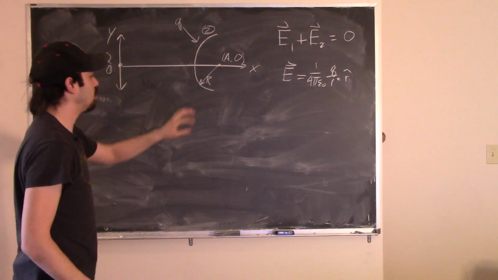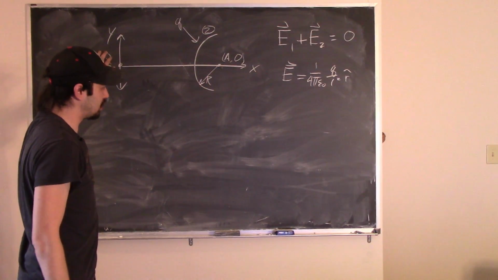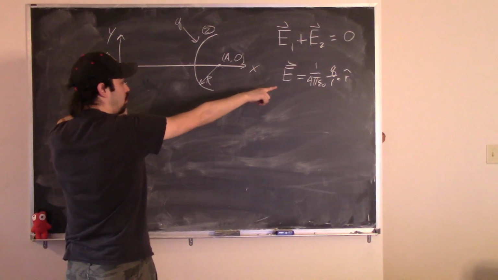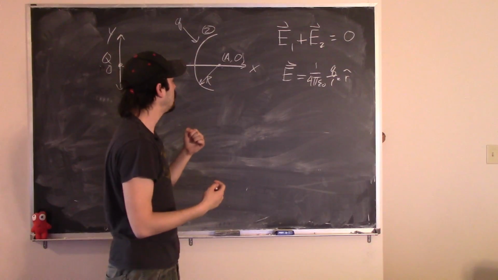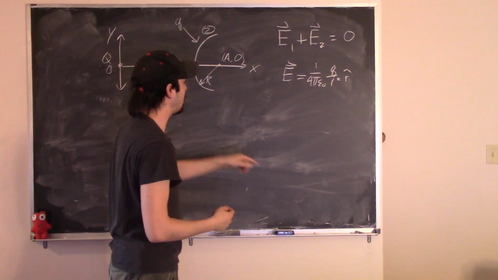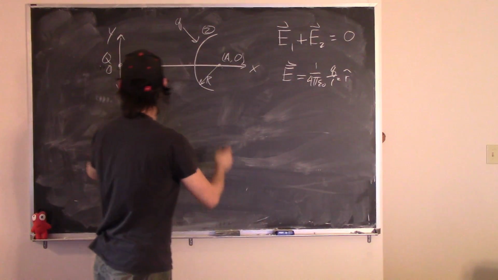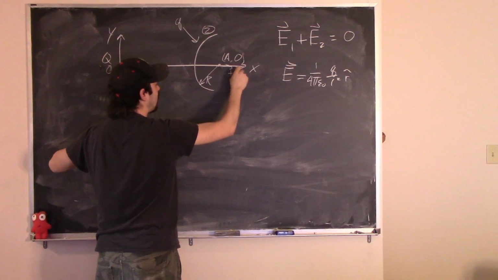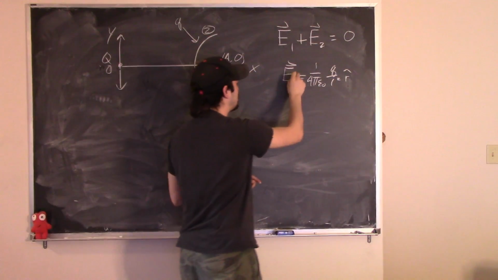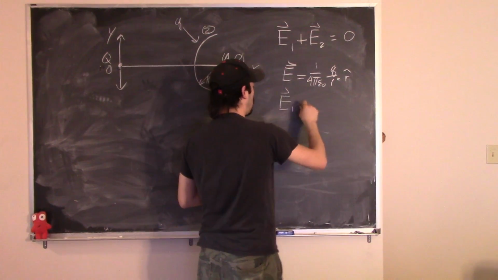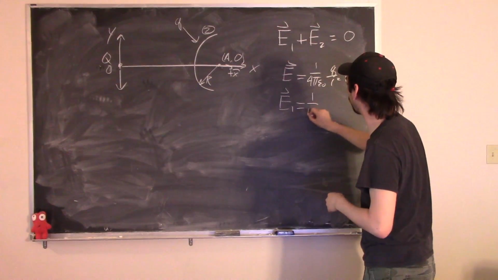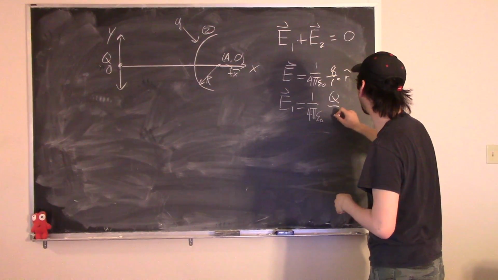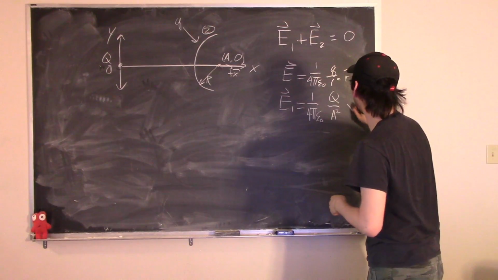And so the q that we have here is just going to be this capital Q. The distance from here to here, which is r by definition, is the distance a, and then r hat is going to be the unit vector that points from here to here, which is just going to be the positive x hat direction. So E vector 1 is going to be equal to 1 over 4 pi epsilon naught capital Q divided by a squared times x hat.